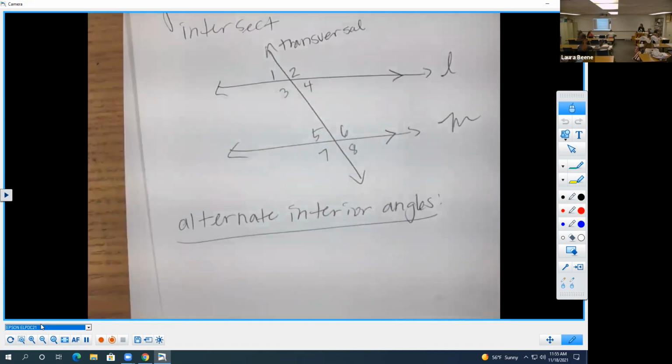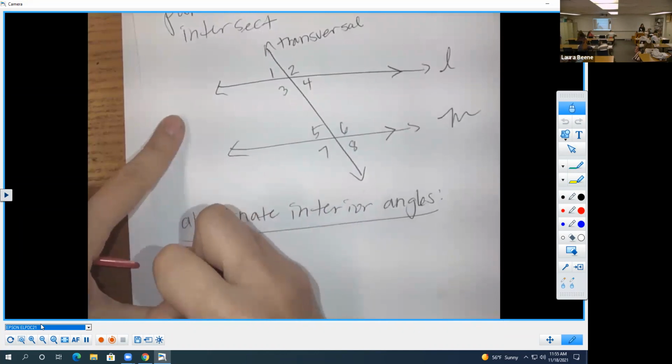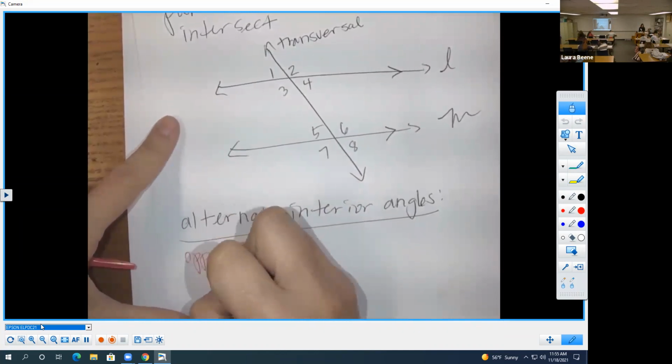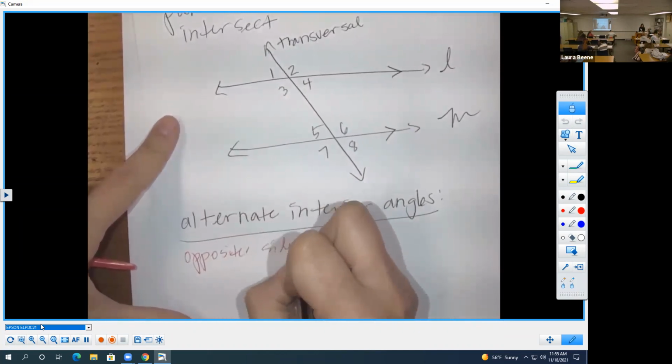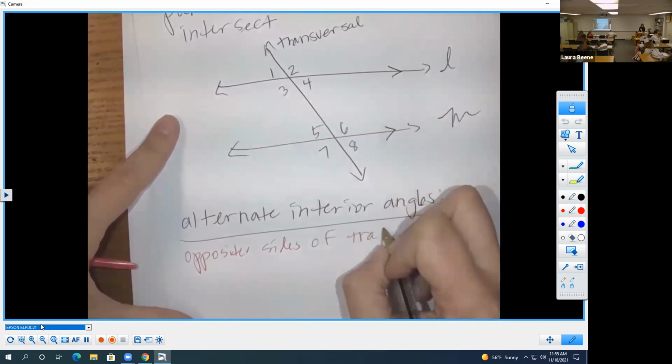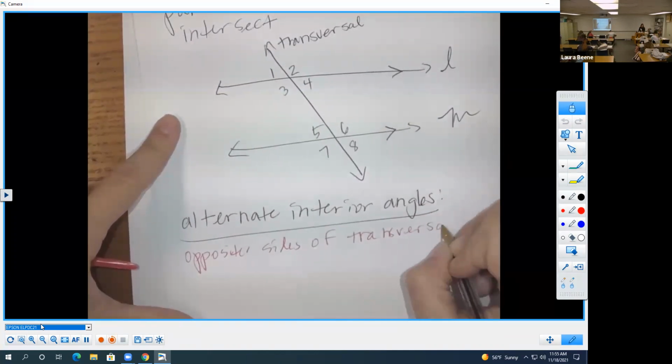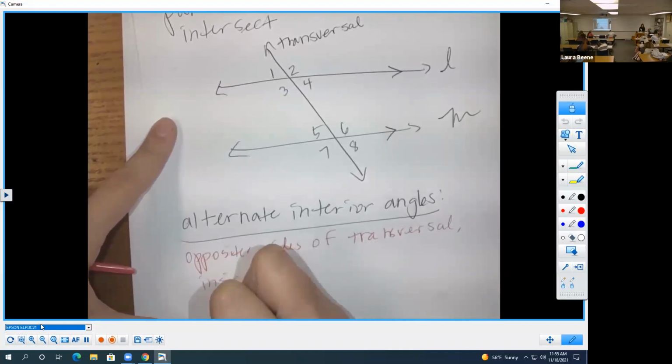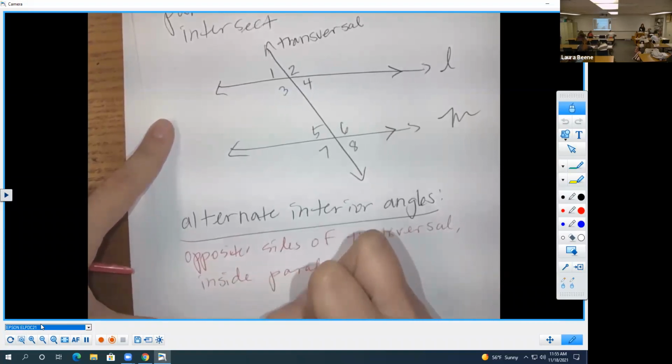Okay, and this is the angle pair that is on opposite sides of the transversal, but inside the parallel lines. So opposite sides of transversal, inside parallel lines.